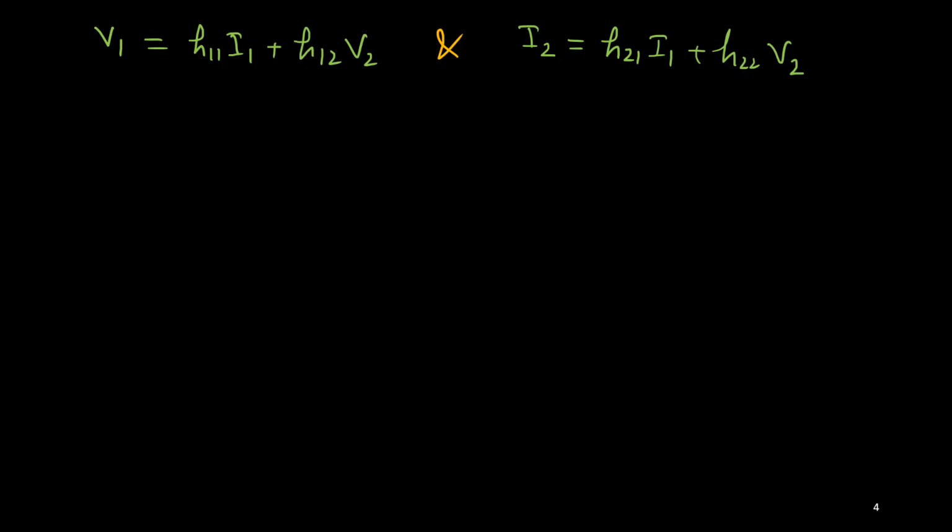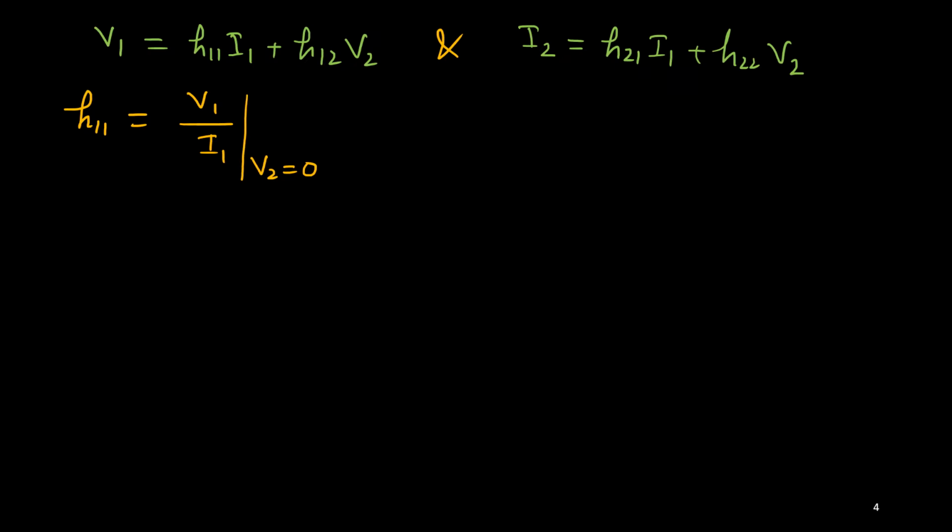Now from here we'll try to find out what H11 is. So you see from this equation we can find H11. If I keep V2 equal to 0, then the second term will be absent, and in that case H11 would be V1 upon I1, provided V2 equals 0. V2 equal to 0 means the output circuit is shorted.